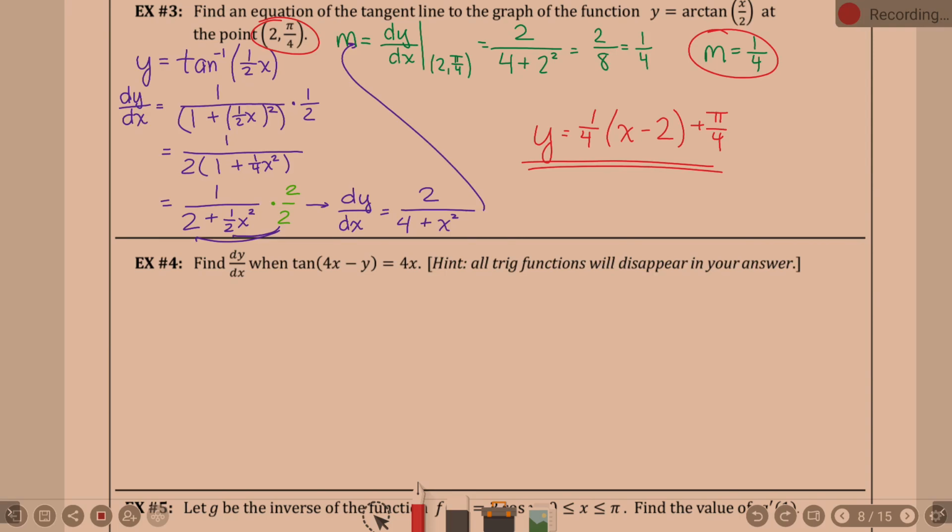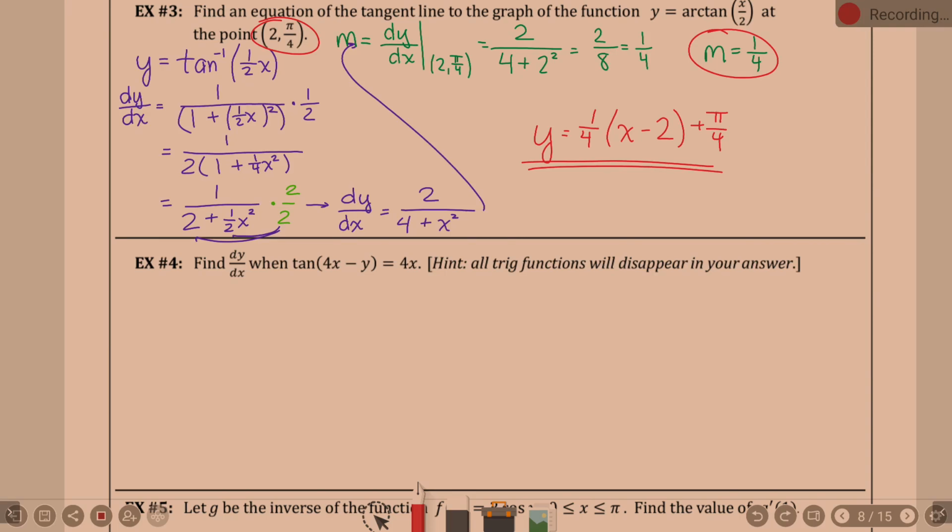Okay, example 4. Find dy dx when the tangent of (4x minus y) equals 4x. They give us a lovely hint: all trig functions will disappear in your answer. Now, the problem with this one, find dy dx, this would be a lot easier if it was y equals, wouldn't it?